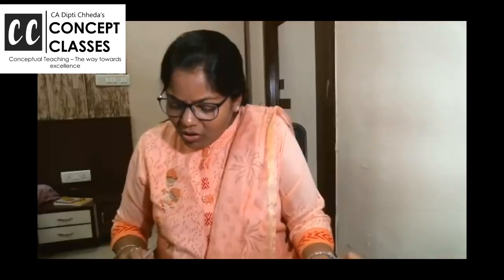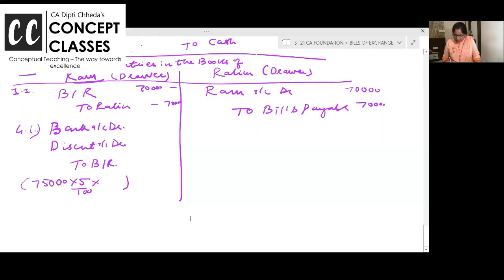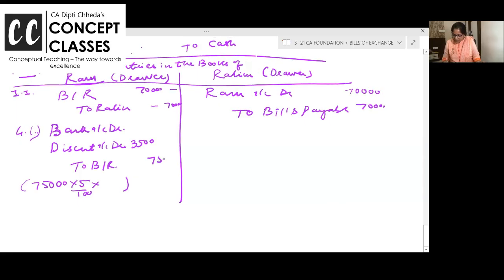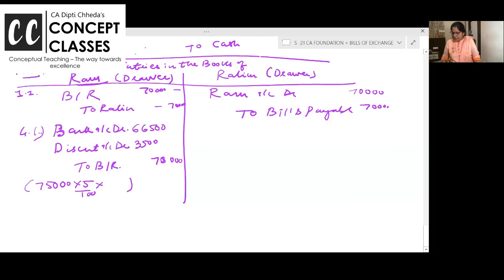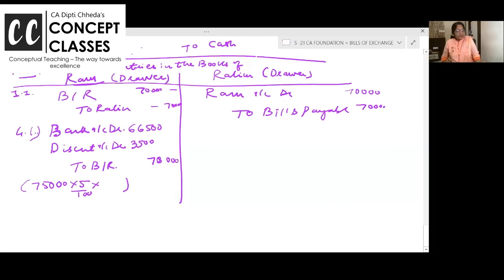So in short, 5% directly you take as discount, and that is coming to 3,500. Bills receivable is 66,500. Bank account debit 66,500, discount account debit 3,500, to bills receivable 70,000.